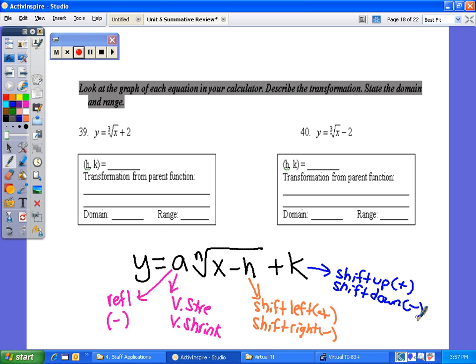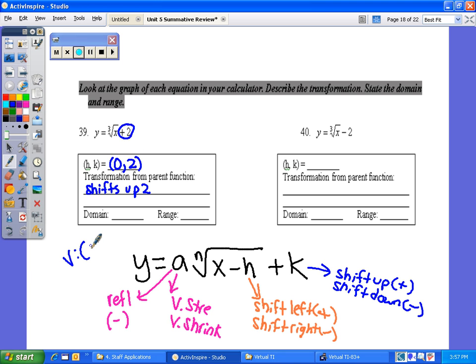Alright, let's take a look at the first one. We have no vertical stretch and nothing being added on the inside and just this plus 2. So that means that we are just simply shifting up 2. Now the vertex is opposite of the inside. There's nothing on the inside, so it's 0. And second number stays the same.